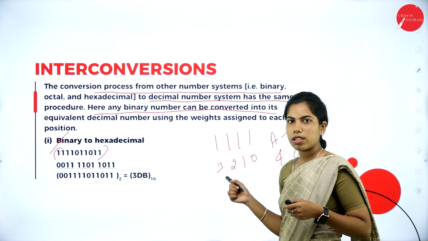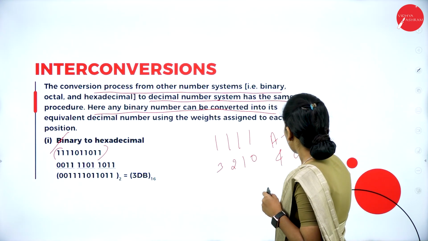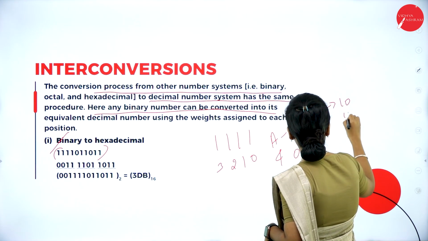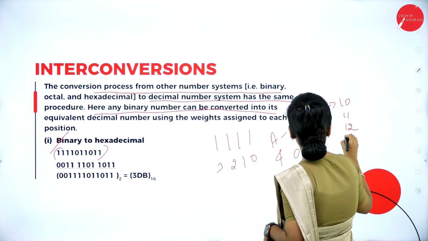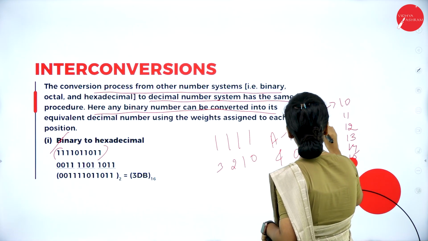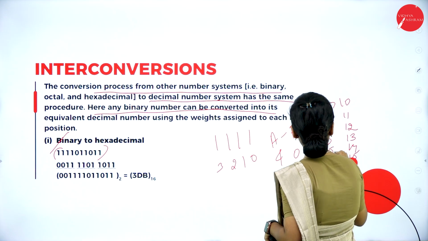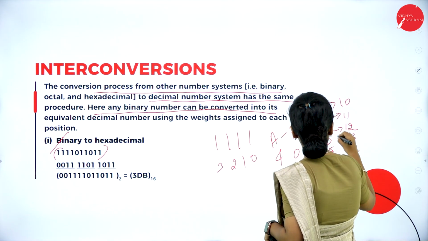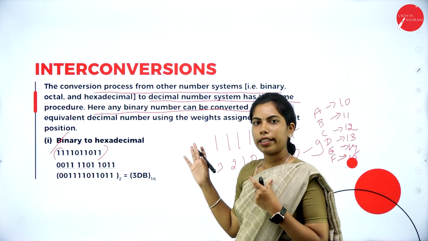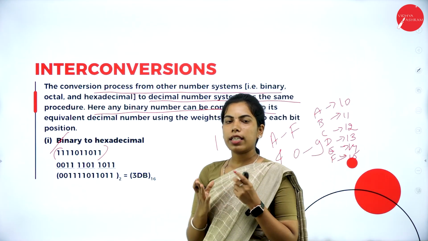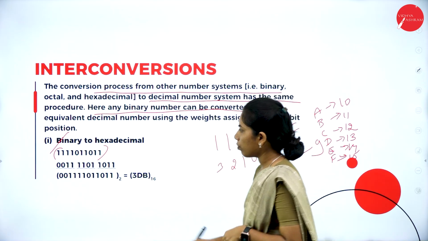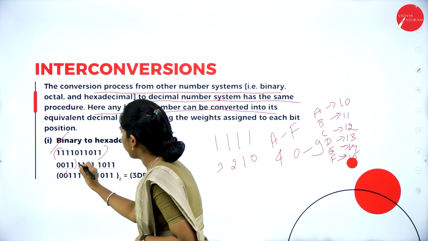So A to F means A starts from 10, B 11, C 12, 13 and also 14, 15. So this is B, C, D, E, F. Got it now? This is how you have to write hexadecimal. Why? Because in hexadecimal I have to contain only 4 digits of number. So that's why I group 4 numbers.